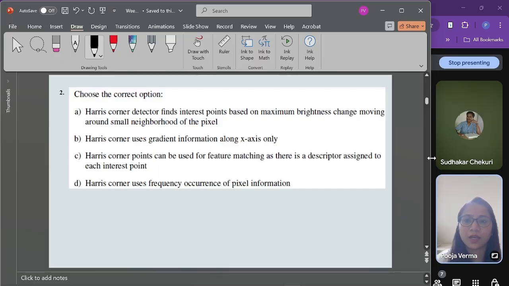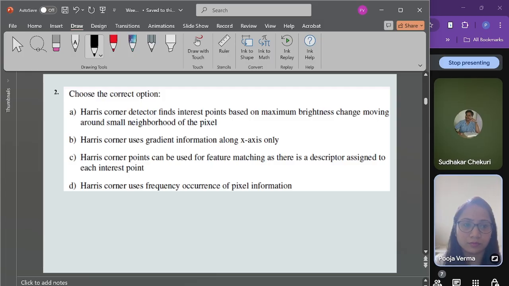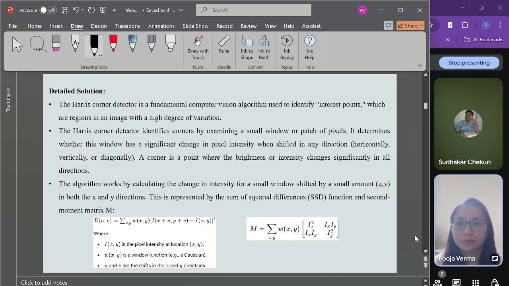Then I will define it. Okay, so first let's see what is Harris corner. Already you have seen. This is a theoretical or conceptual type question, so we will see the detailed solution here.